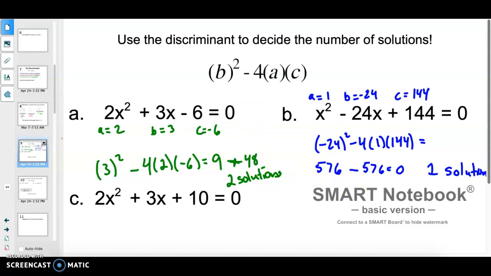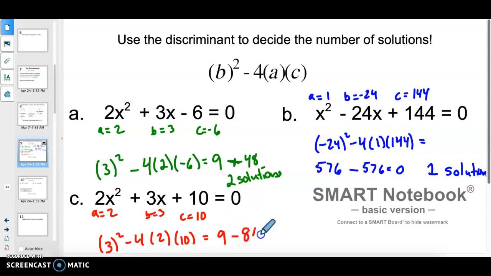And then the last example we're going to look at is this one. We've got A is 2, B is 3, and C is 10. Notice when you're doing the discriminant, make sure the equation is equal to 0. That's something I didn't really point out, but your equation should equal 0 when you're finding your A, B, and C. So we've got B squared, so 3 squared minus 4 times A times C. 3 squared is 9, and then 4 times 2 times 10 is 80.